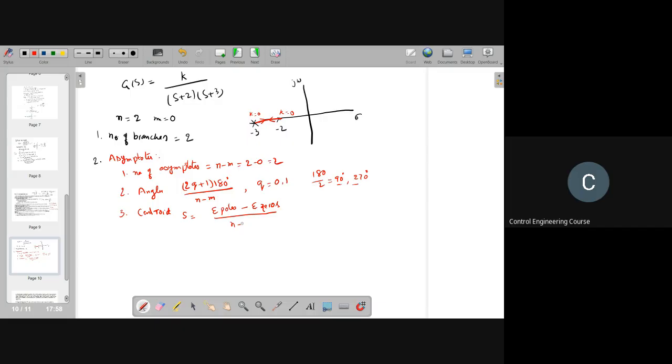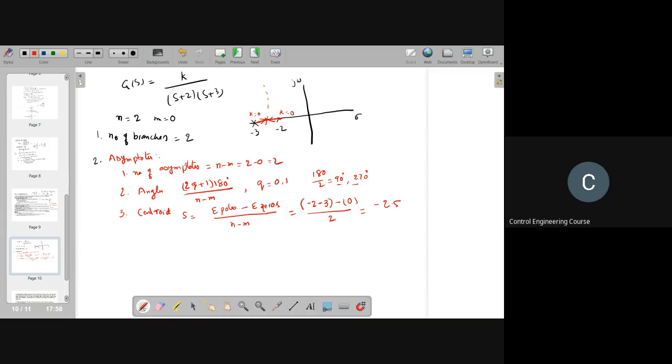So here there are two poles, that means minus 2 minus 3, and there are no zeros, right? So minus 5 divided by 2 means minus 2.5.